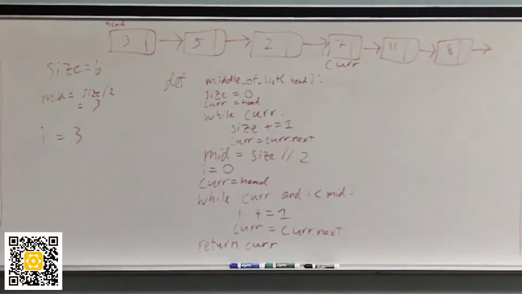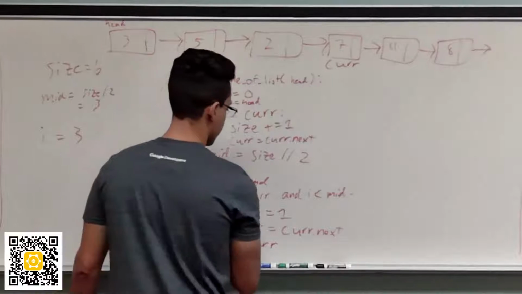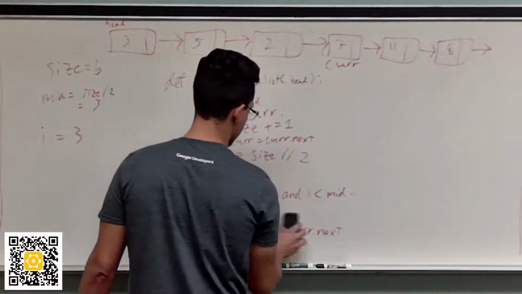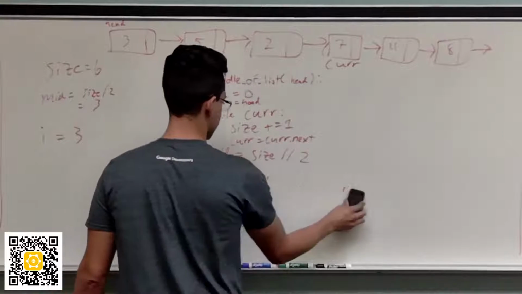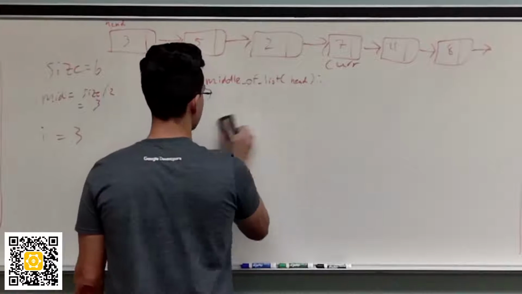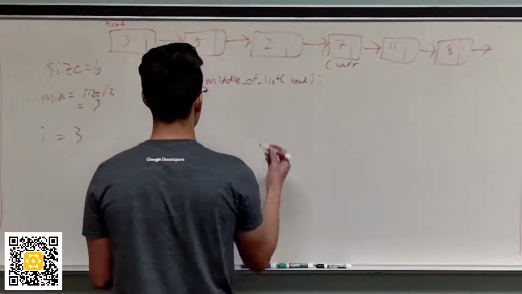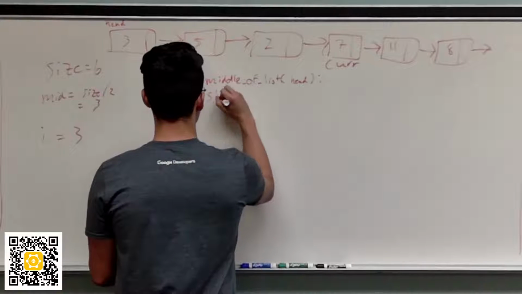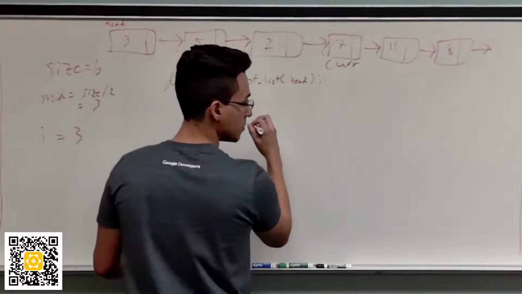Well, what we could do, right? Instead of doing all of this, of actually doing i plus 1, size plus 1, we don't need size. All we need are 2 pointers. Slow.